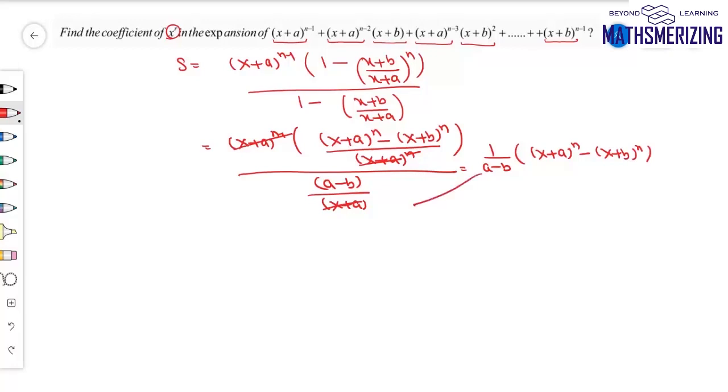Now from this series, I'll need to find the coefficient of x^r. If I write the general term for this series, I can write T(k+1), and it will be C(n, k) x^(n-k) a^k. Now I need this power of x to be equal to r, so I'll write n - k = r. So that is, the value of k is n - r.